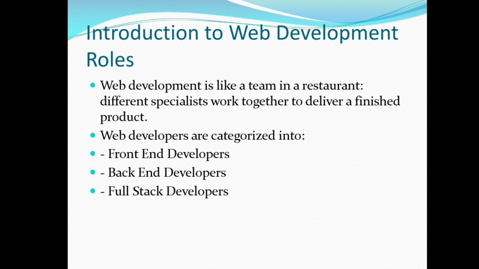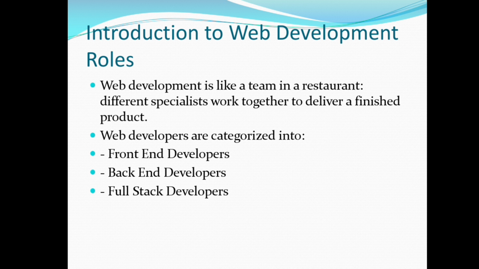Okay, if I am the owner, I will prepare and I will serve the food. Then that is nothing but a full stack developer. Full stack involves both front and back end. I hope you understand about this web developer role. Just to understand, I have taken the example of a restaurant. To serve the food, it involves the cooking team, serving team and cleaning team.